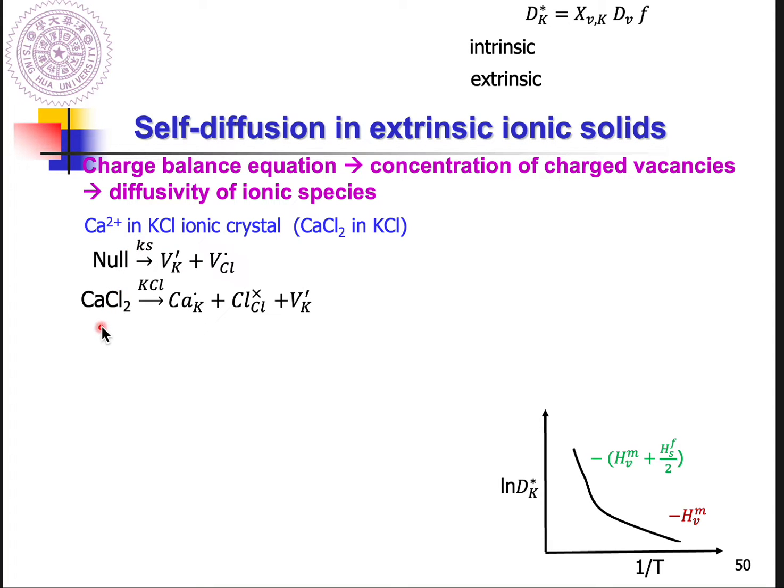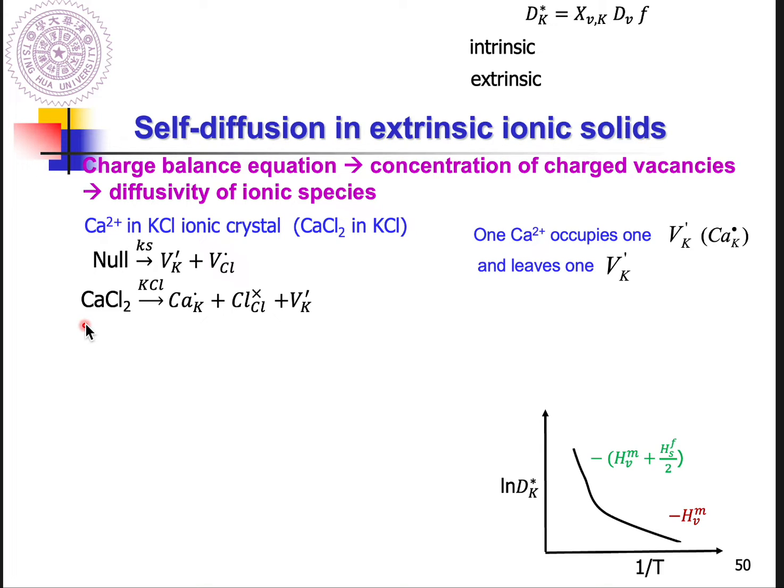If we dope calcium chloride into the potassium chloride, let's try to write down the chemical equation here. The calcium has 2 positive charges, right? So when you dope this calcium chloride into the crystal with Schottky defects, that means in this potassium chloride there are lots of pairs of vacancies.